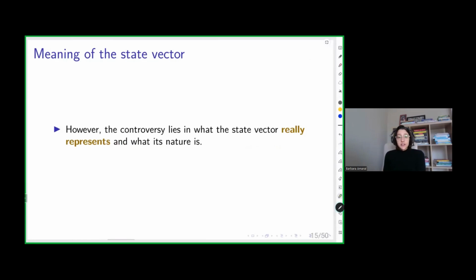But there is a controversy in what this state vector really represents and what its nature is. Because when you talk about several things in classical physics, for example position, velocity, temperature, they are things that you can actually feel with your senses.